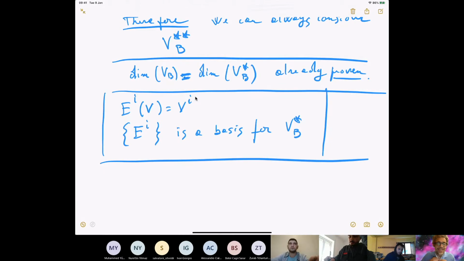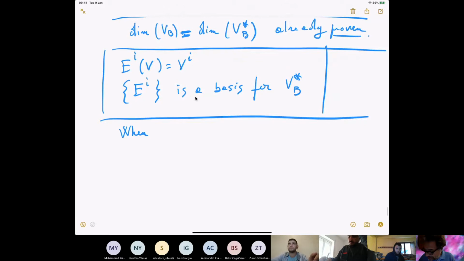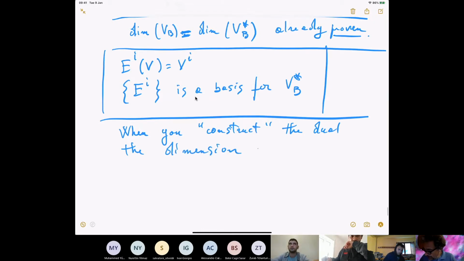So this is crucial in what we are doing: when you construct the dual, the dimension remains the same.